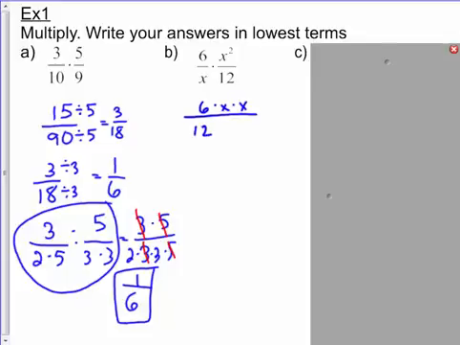So x squared, we know that's x times x, and then we have 12 times x. Now again, 12 we can write as 2 times 6. Everything's being multiplied, so 6's are going to cancel out, and the x's are going to cancel out. Again, everything here is being multiplied, so that's why I can cancel stuff out.